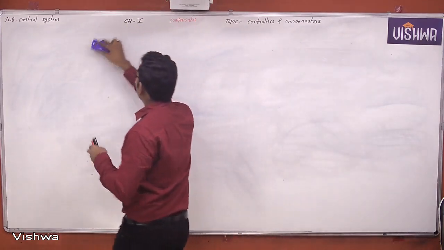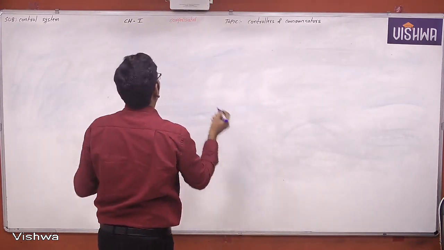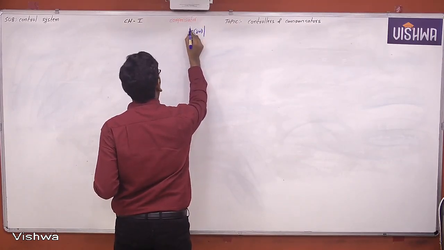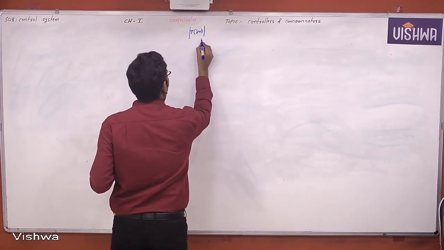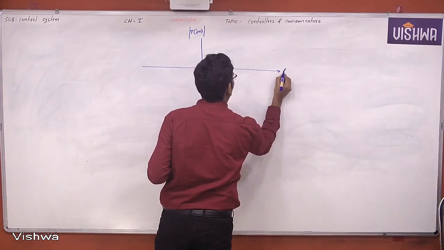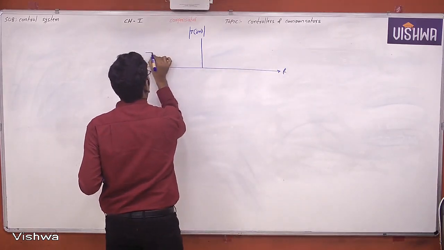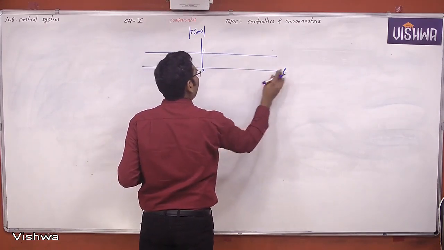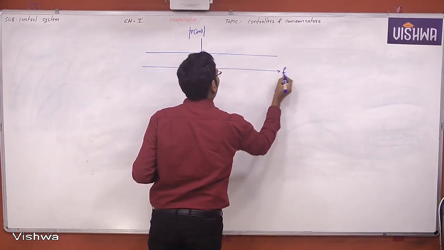Now see here. Now this is magnitude or gain. This magnitude or gain is equal to 1, which is constant and independent of all the frequencies.